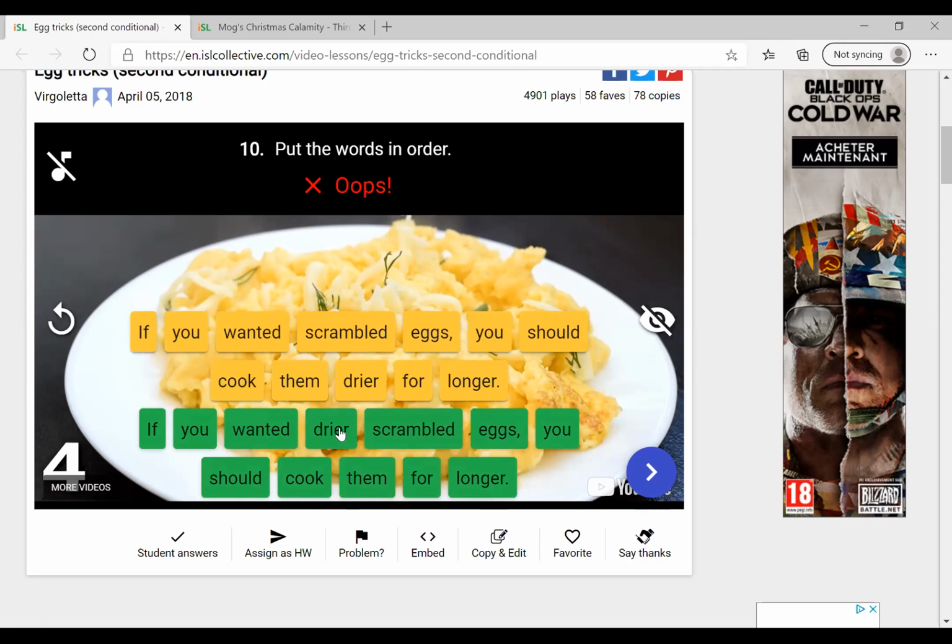If you wanted drier scrambled eggs, so if you want them drier, okay, not so juicy, you should cook them for longer.